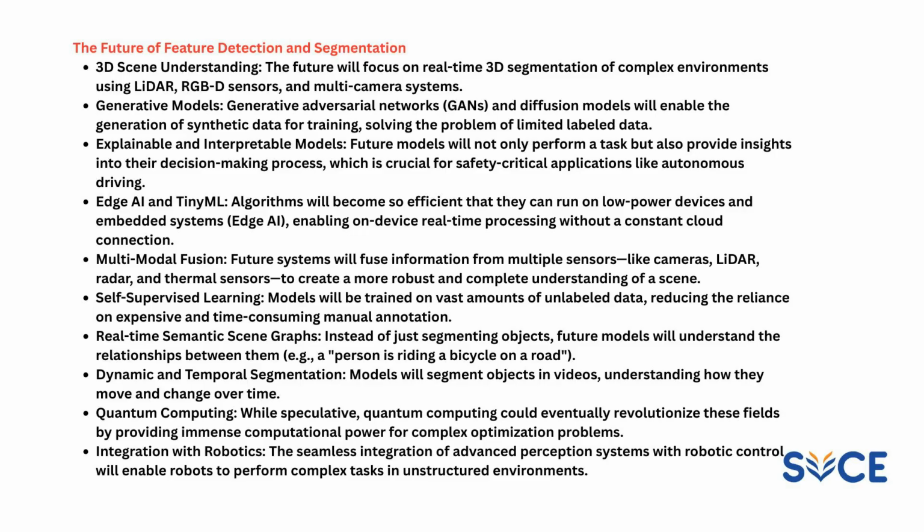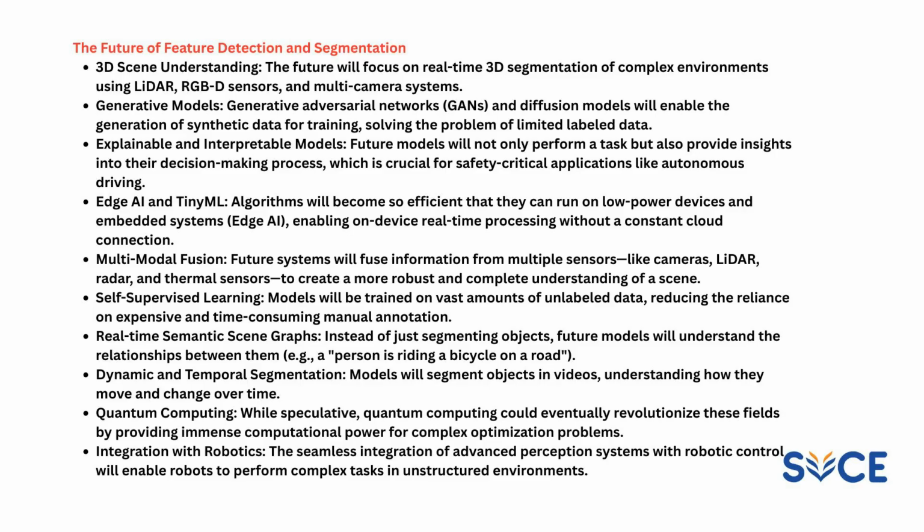This allows for real-time 3D segmentation, giving us a more comprehensive understanding of a scene's geometry, volumes, and relationships between objects. This is critical for applications like autonomous navigation and robotics, where knowing an object's distance and size is critical.